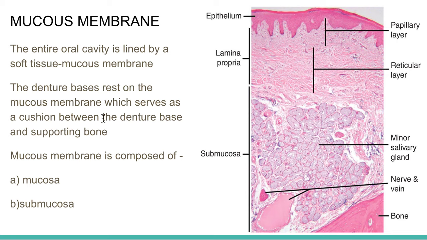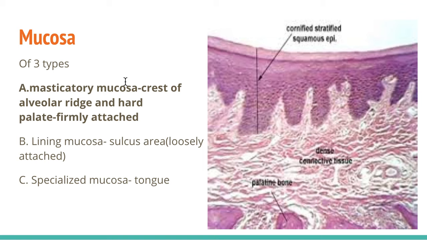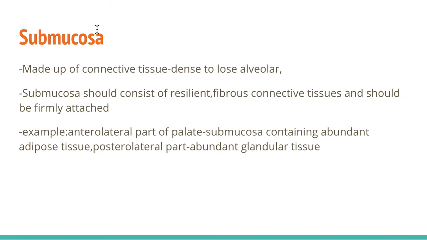And how? First of all, the mucous membrane is composed of the mucosa and the submucosa. The mucosa is of three types, as we know: masticatory, lining, and specialized. In support bearing areas, we prefer a masticatory mucosa which is firmly attached, and a submucosa that should be thick. Submucosa is made up of connective tissue, dense to loose areolar.